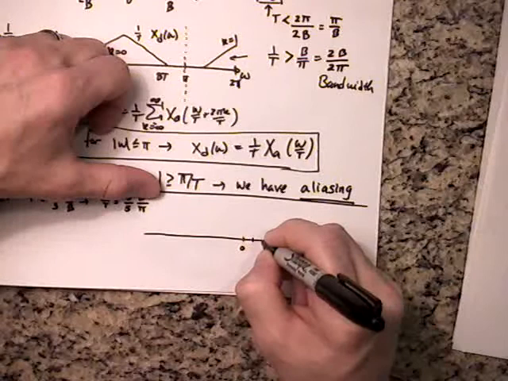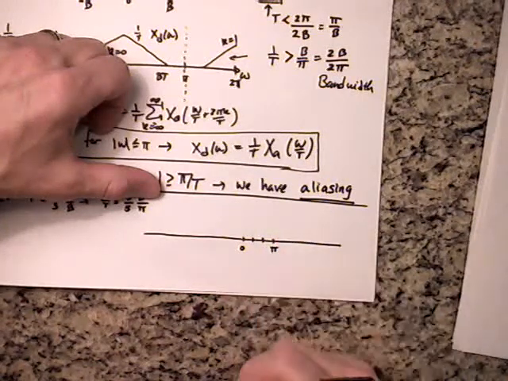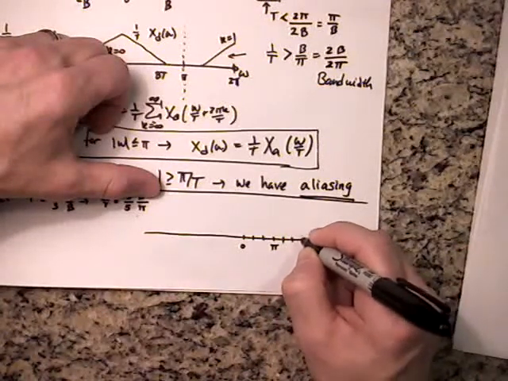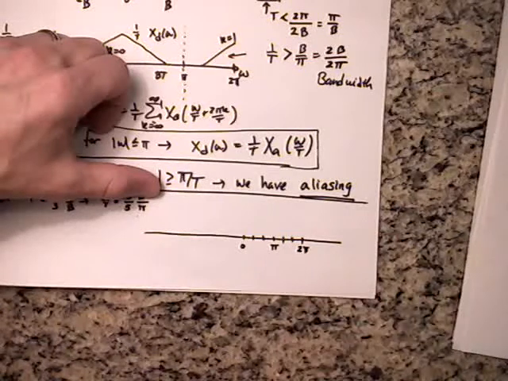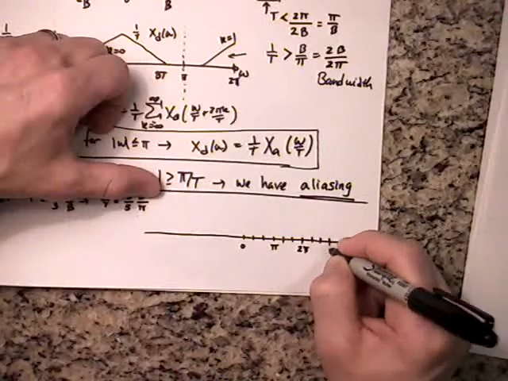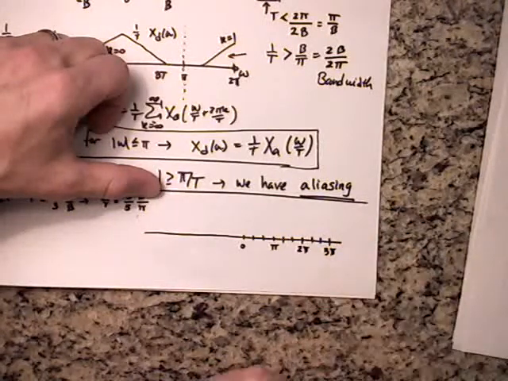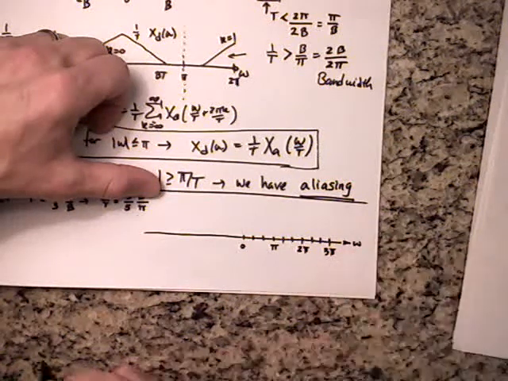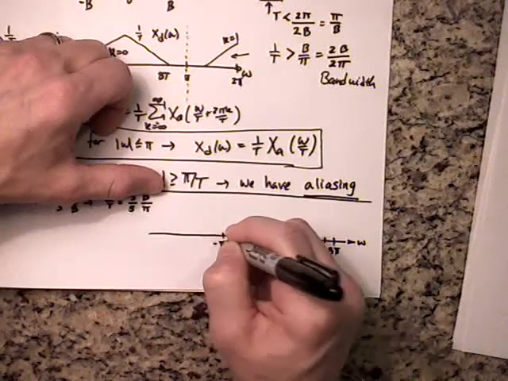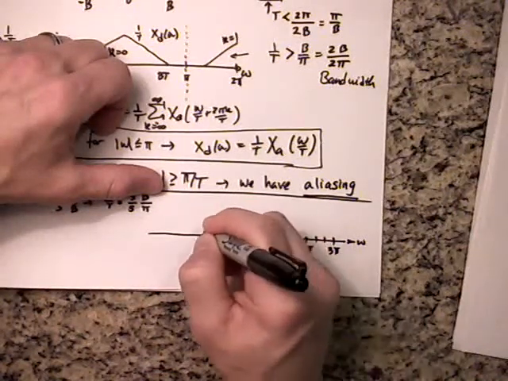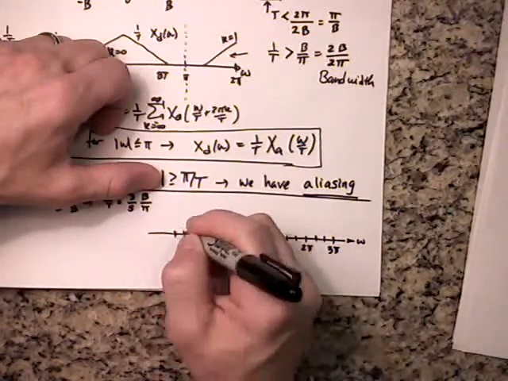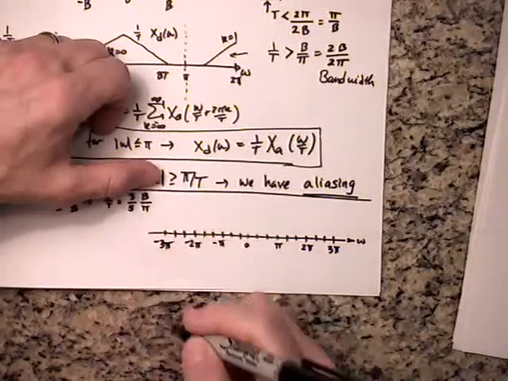That's pi over 3, 2 pi over 3, pi, and 4 pi over 3, 5 pi over 3, 6 pi over 3, which is 2 pi, and then 7, 8, 9 pi over 3, which is 3 pi. This is omega. And that's minus pi over 3, minus 2 pi over 3, minus pi, minus 4 pi over 3, minus 5 pi over 3, minus 2 pi, and so on, to minus 9 pi over 3.